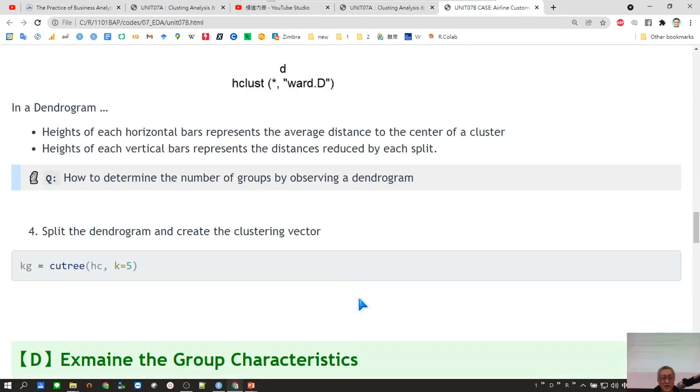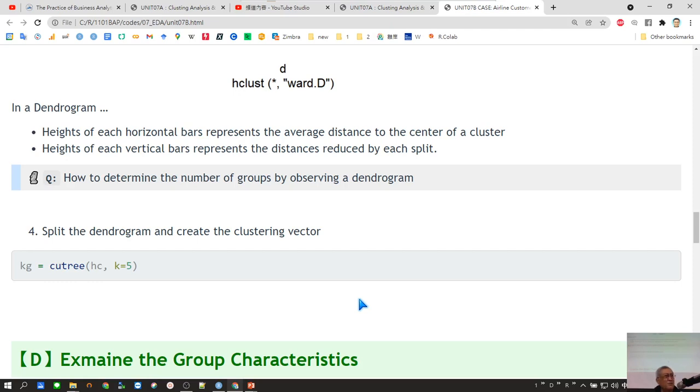How many groups to divide into is always a question, but with clustering you don't really have an optimized number of clusters. All I can tell you is that you do trial and error.